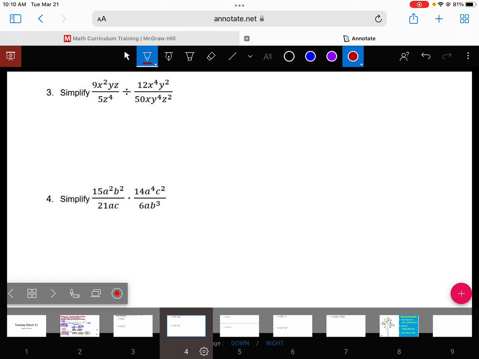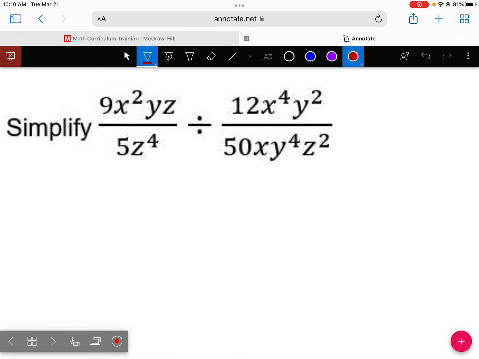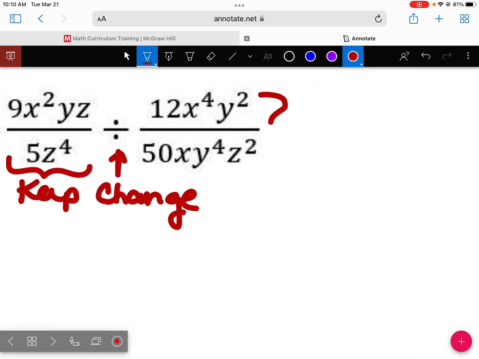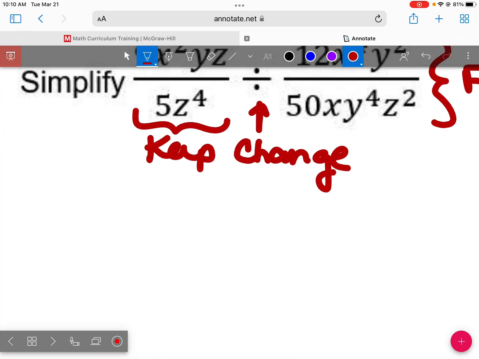What do we do when we divide fractions? There's 3 words that always pop into my head when I see division. Keep, change, flip. So we're going to keep this one. We're going to change this to what? Multiplication. And then we're going to flip this fraction.